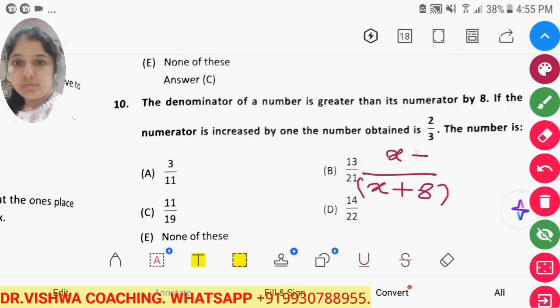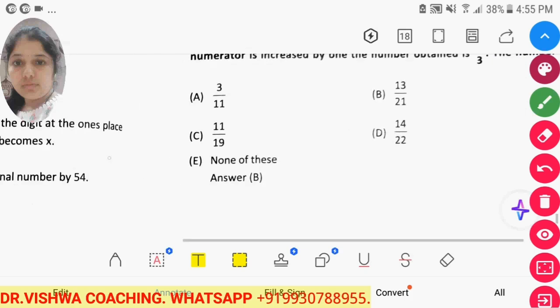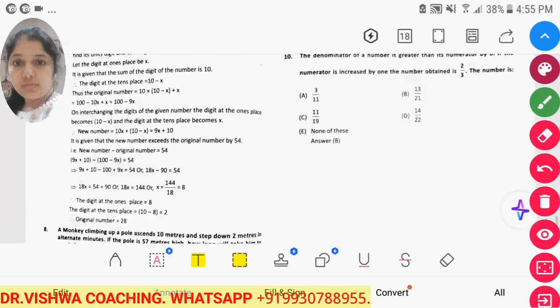Now if we increase this x by 1, the number obtained is 2 upon 3. So just solve this and find the value of x. And after finding the value of x, find the value of the denominator also, so that you can find the rational number.